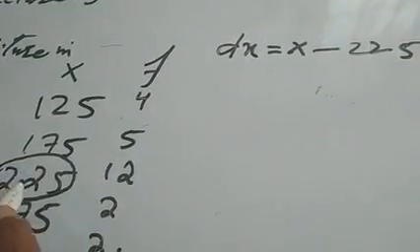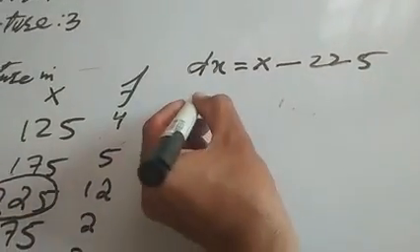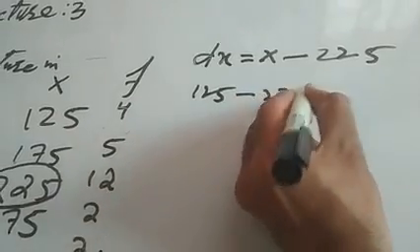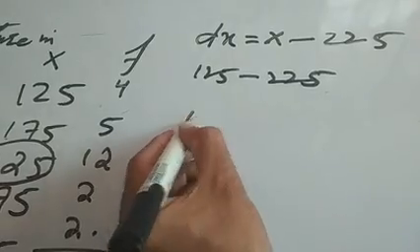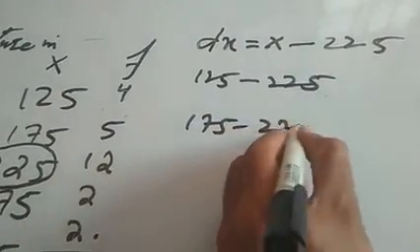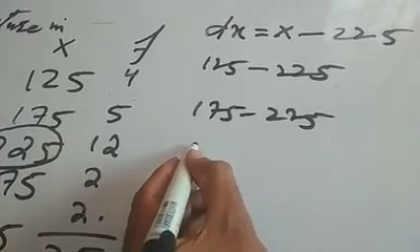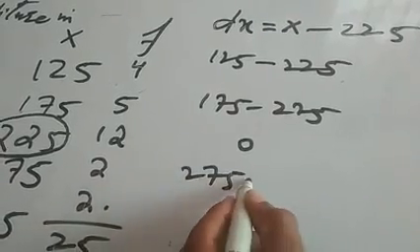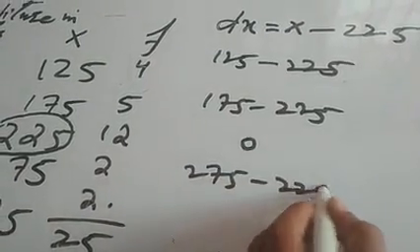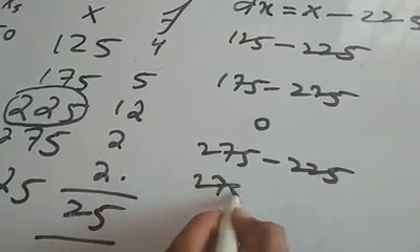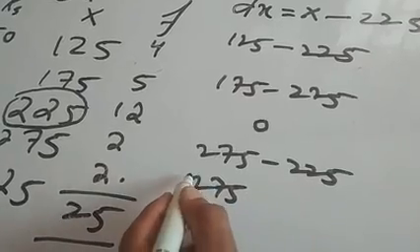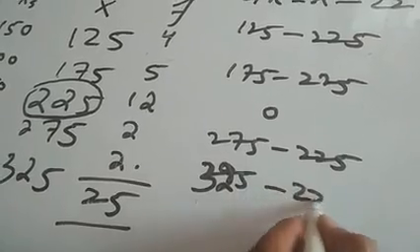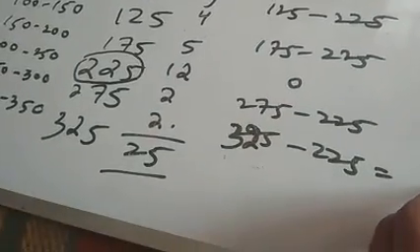So first we have to calculate 125 minus 225, then 175 minus 225, then 225 minus 225, that is 0, then 275 minus 225, then 325 minus 225.